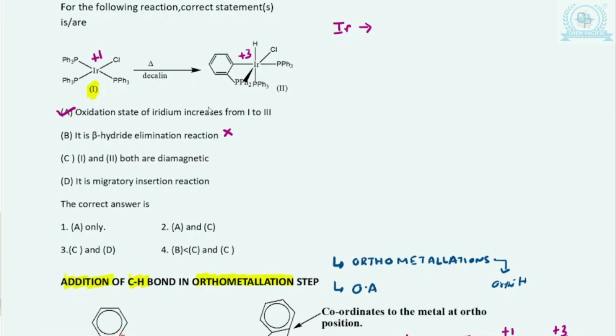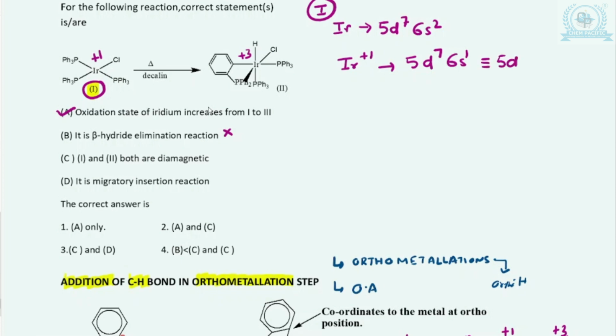For example, in this case, for complex number 1, we are solving complex number 1, right? So we know the electronic configuration of iridium is 5d7 6s2. Since in this case iridium is in +1 oxidation state, it will turn out to be 5d7 6s1, or you can also write it as 5d8.